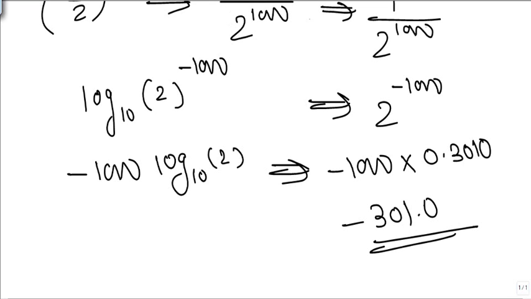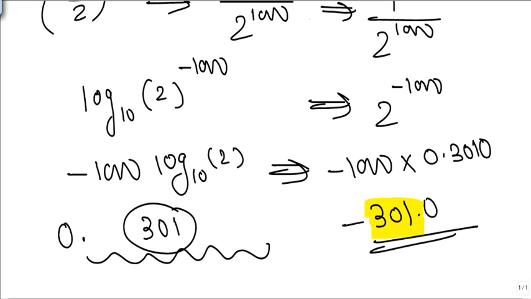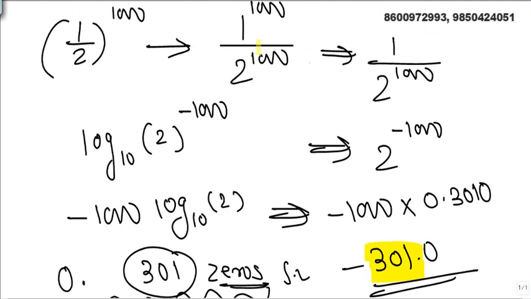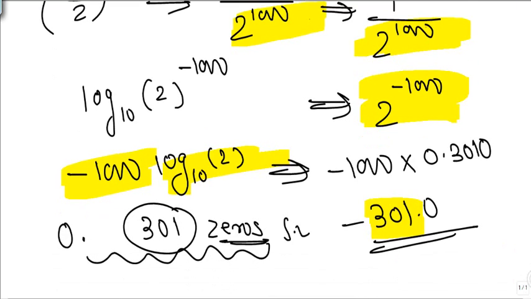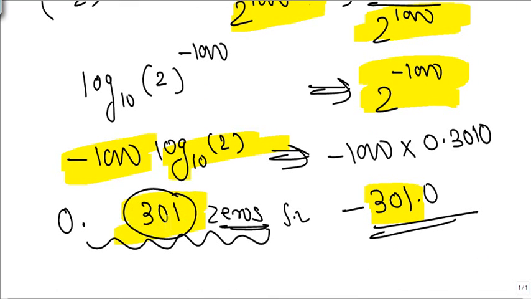So now simply it means there are going to be 301 zeros before the significant digit comes. Look, that's how we do it. 2 raised to 1000, 1 upon, so we wrote it as 2 raised to minus 1000, minus 1000 log 2. So minus value means simply there are 301 zeros after the point, and then something will start.